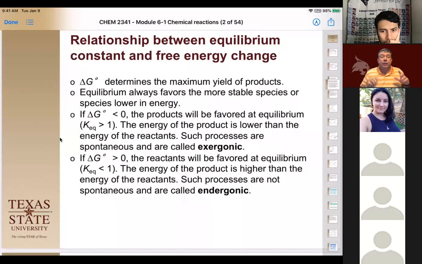Okay, so in general, equilibrium always favors the more stable species or the species with the lower potential energy. Therefore, if the change in Gibbs free energy is less than 0, the products will be favored at equilibrium, okay? The energy of those products is lower than the energy of the reactants.